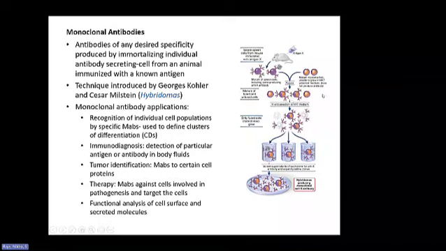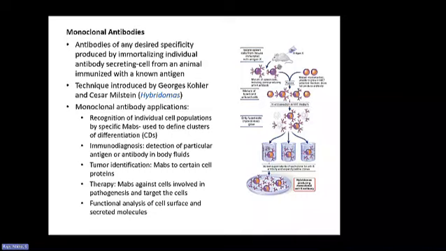That will give rise to these hybrid cells that have qualities of the myeloma cells, so that they are immortal, and then they have the quality of the B cells that are specific for producing antibodies against antigen X. So these fused cells or hybridomas then give rise to monoclonal antibodies against that antigen X. This type of monoclonal antibodies are used in clinical applications, in immunodiagnostics, in identification of tumor antigens, in therapies.